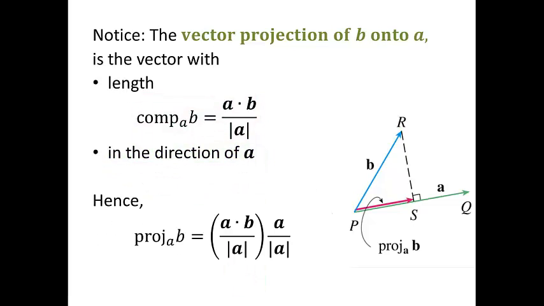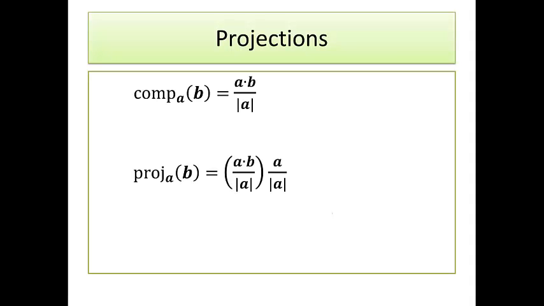Hence, the vector projection of B onto A is the unit vector in the direction of A times the scalar projection, or the dot product of A and B divided by the length of A times the unit vector in the direction of A. As a summary, here are our formulas for the scalar projection of B onto A and the vector projection of B onto A.